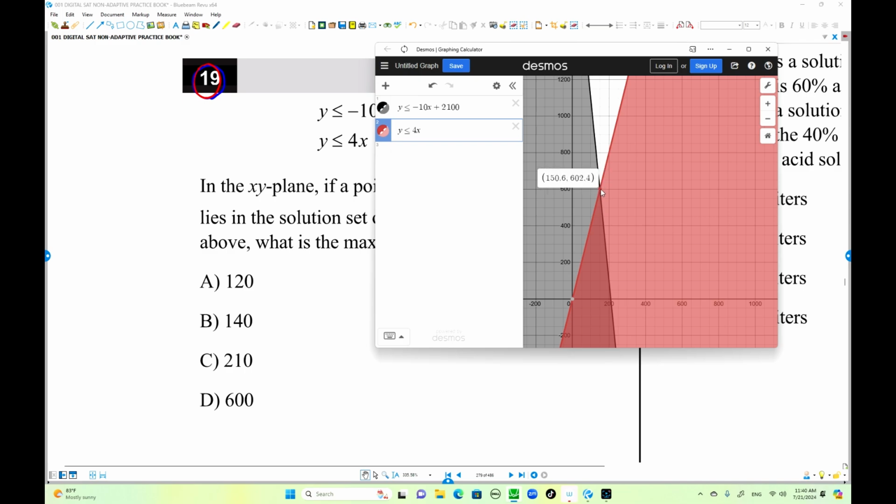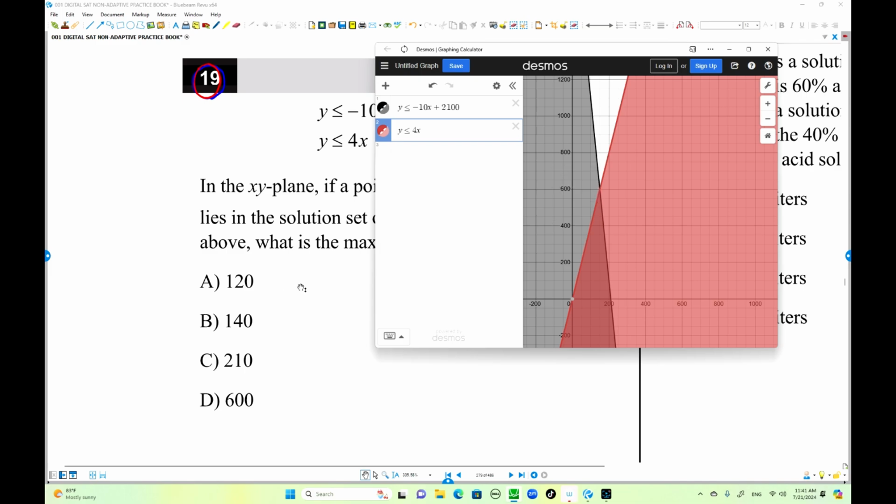Yeah, anyway, 600. So only option D is at 600, right? All the other three numbers are very low. So anyway, 600 is the maximum value of B.